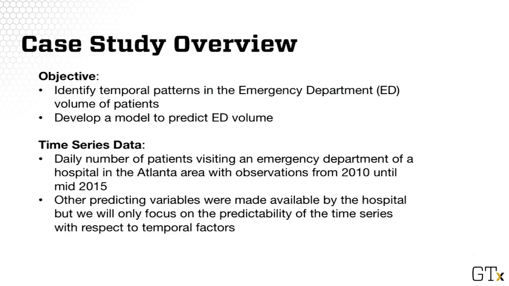In this study, we'll consider temporal factors, although other factors can be used, for example, external factors such as temperature, rainfall, major holidays, school season, among others, along with hospital data, for example, the percentage of patients seeking care in ED who have public insurance.